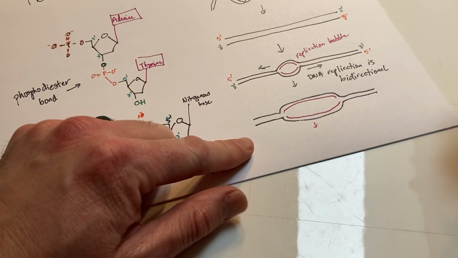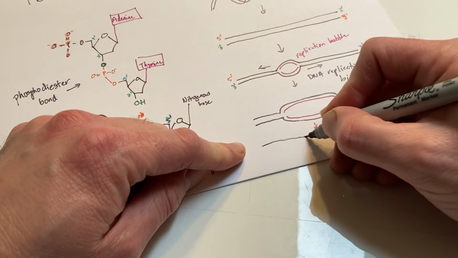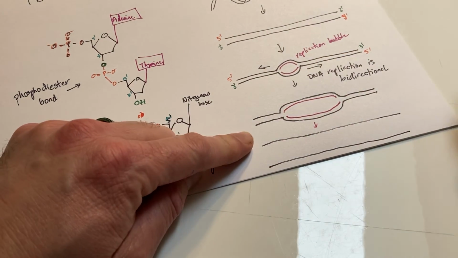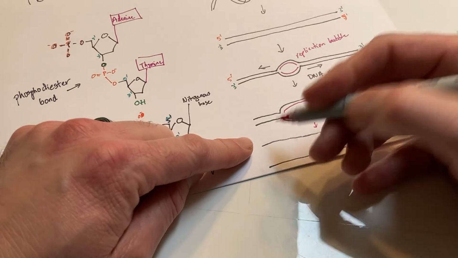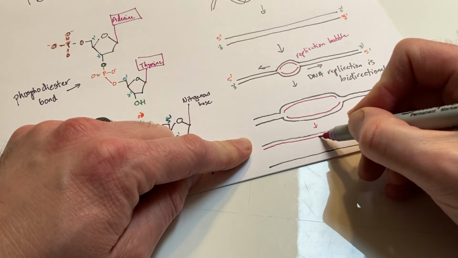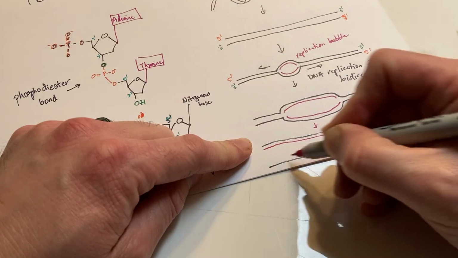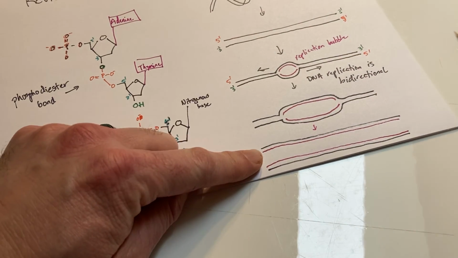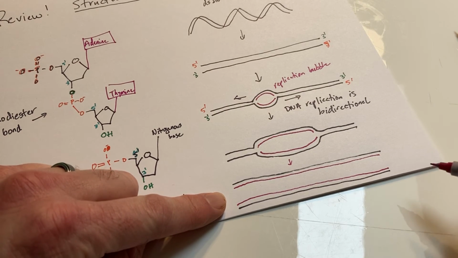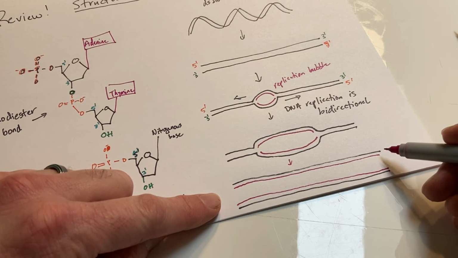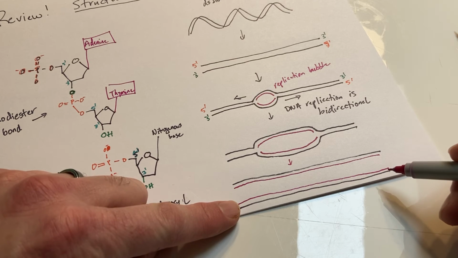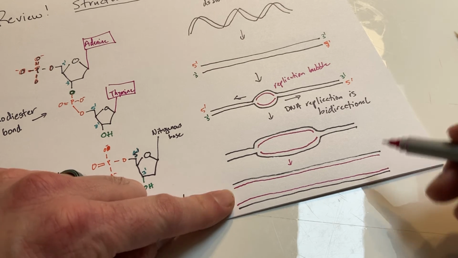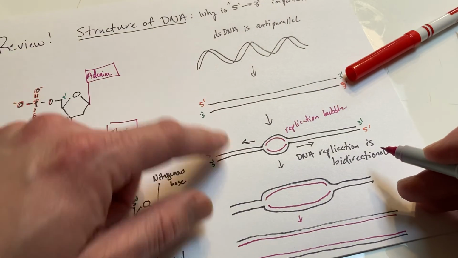And at the end of DNA replication, what are you going to get? You're going to get two new copies of double-stranded DNA, right? So in black right here, that's the parental strand, right? And in magenta, that's the newly formed daughter strand. But we don't just have one copy of the DNA anymore.